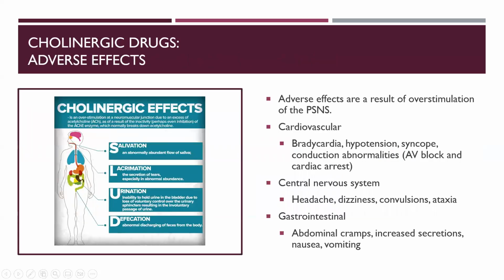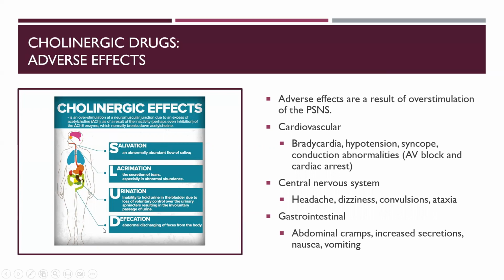So some of my adverse effects, cardiovascular, are things like bradycardia, hypotension, syncope, conduction abnormalities, so AV block and cardiac arrest. Central nervous system: headaches, dizziness, convulsions, ataxia. Gastrointestinal: abdominal cramps, increased secretions, nausea, and vomiting.